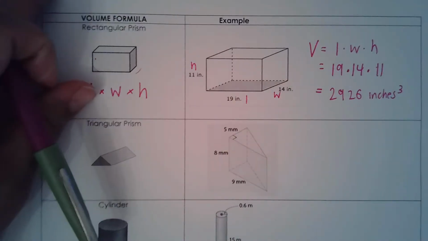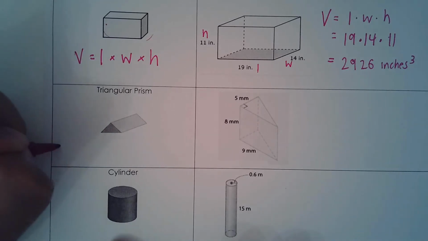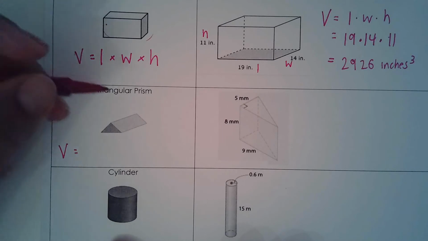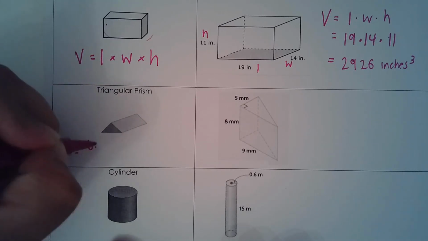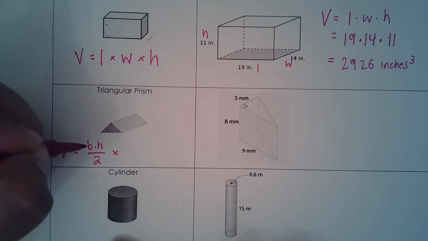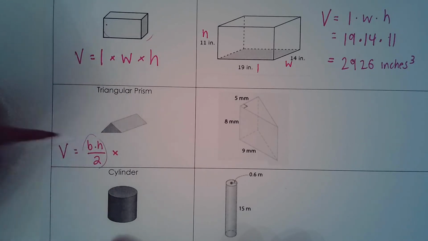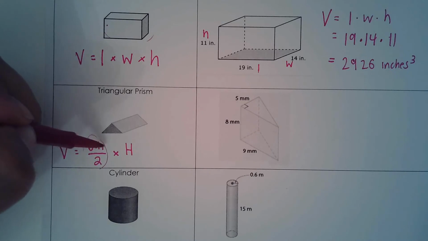Okay. For a triangular prism, when we calculate the volume, we need to find the area of the base. So base times height divided by 2. So that's the area of the triangle times the height of the prism itself. Notice here that there are two h's.